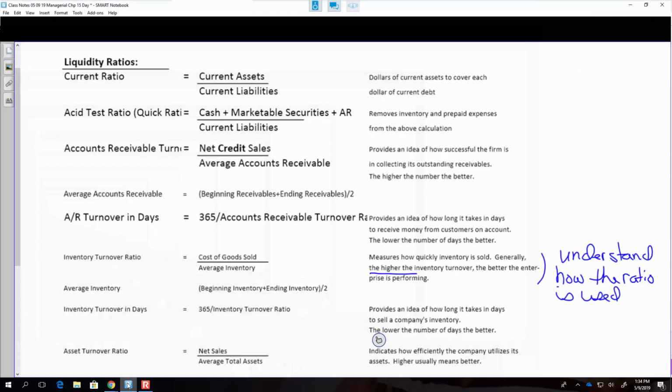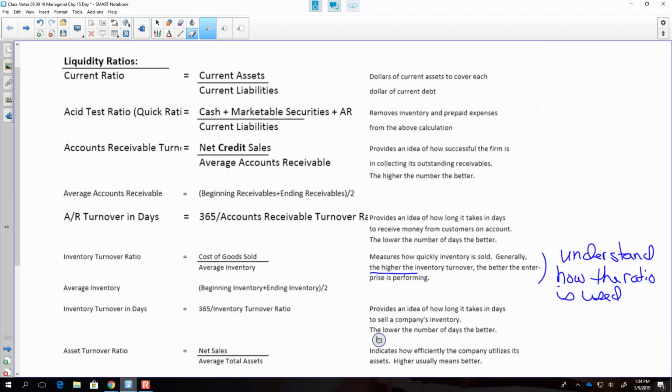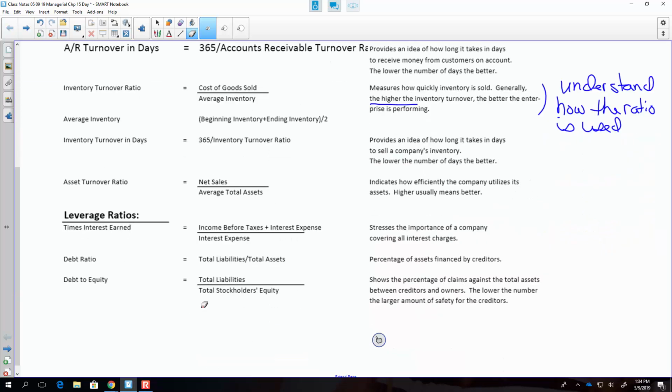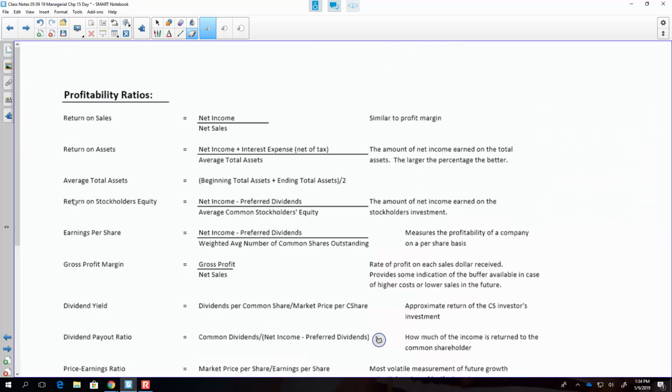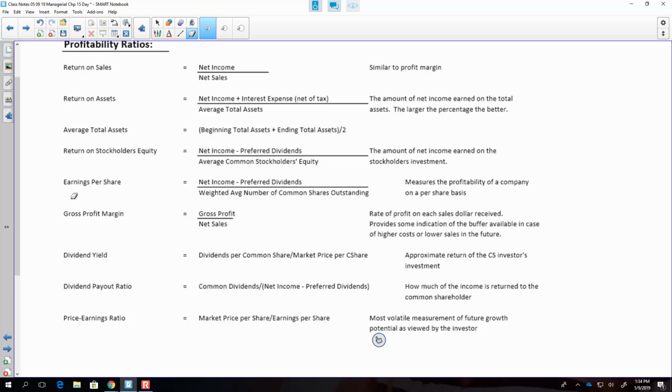Let's look at what we have to cover yet. Like I said, I do have what I handed out last week, the overview ratios. We are currently looking at our second page here. We looked at return on sales, return on assets. We basically ended up at the return on stockholders' equity section, and what's left is from there down to the bottom where we have the price earnings ratio.